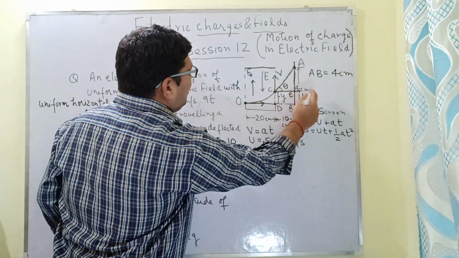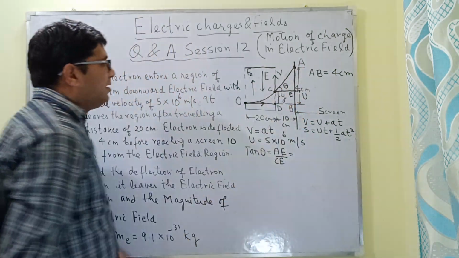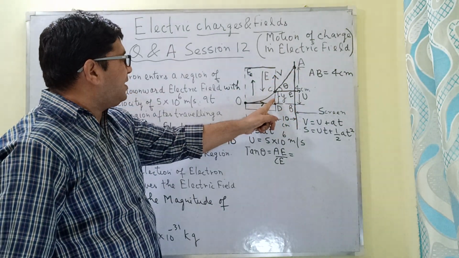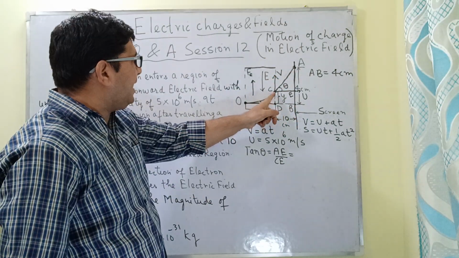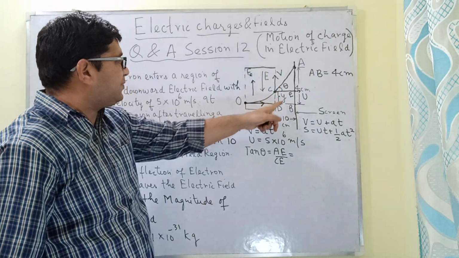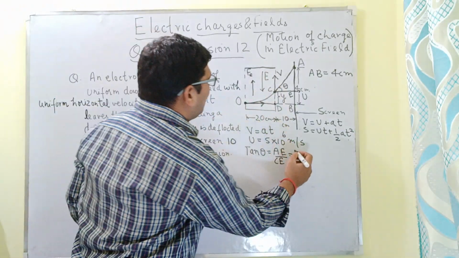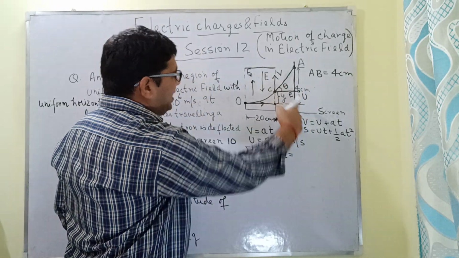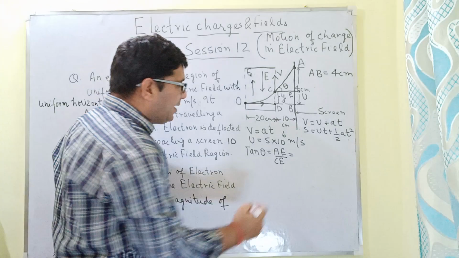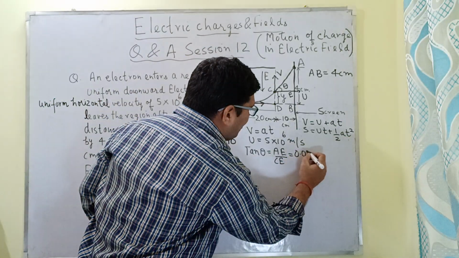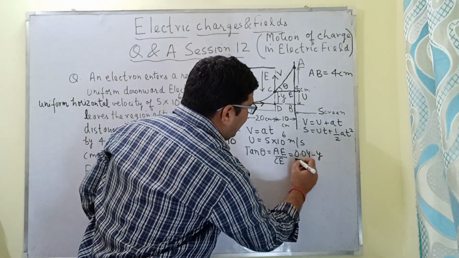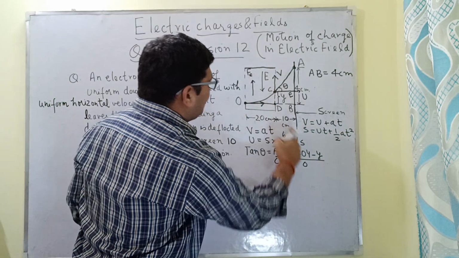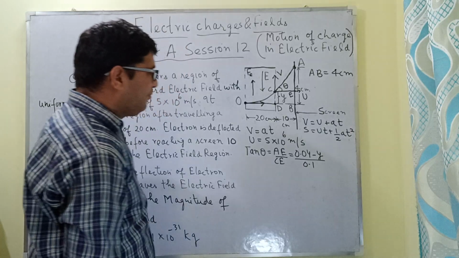So A is how much? The deflection of this electron when it strikes the screen is 4 centimeter, and I have taken the deflection of this electron when it exits the electric field as y. So AE will be equal to 4 centimeter minus y. So I will be converting this 4 into meter. So this will be equal to 0.04 minus y divided by, this CE is equal to 10 centimeters, so that is equal to 0.1 meter.